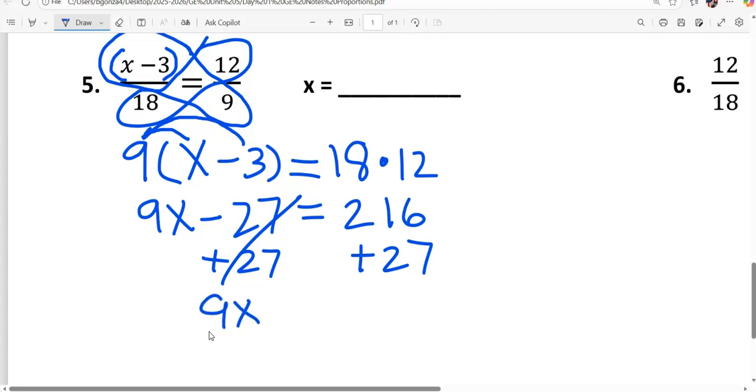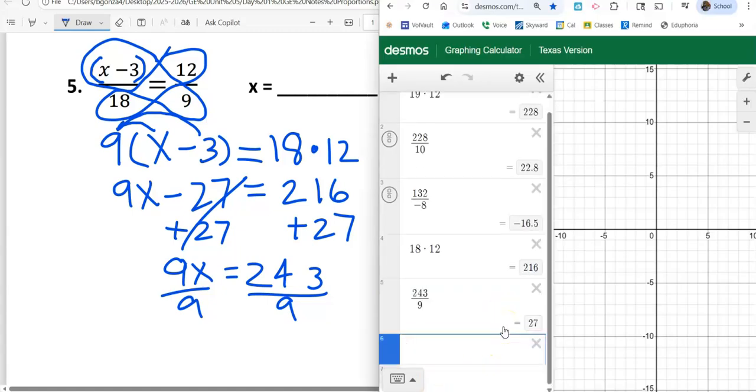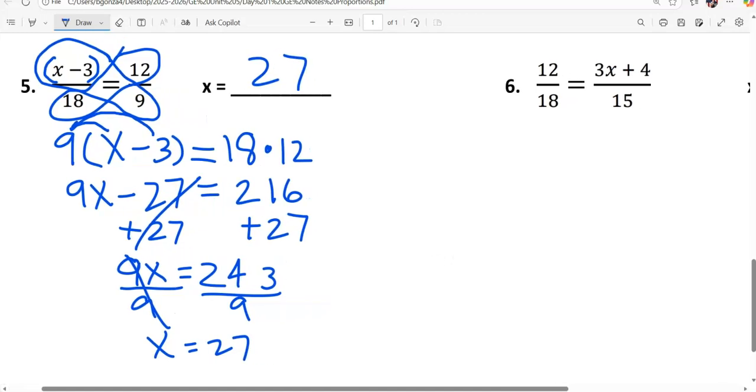Bring down 9x equals, and then add these up. 243. And then divide by 9. 243 divided by 9 is 27. X equals 27. Okay? Do you see how I did that?